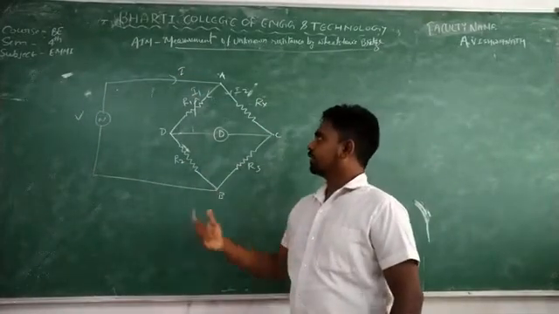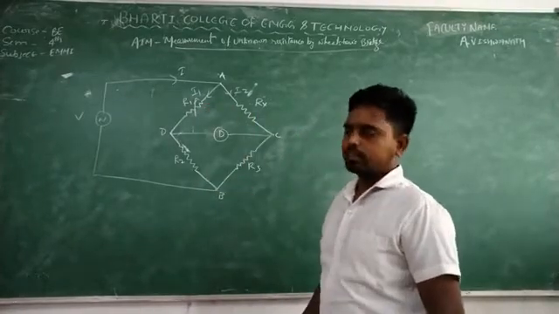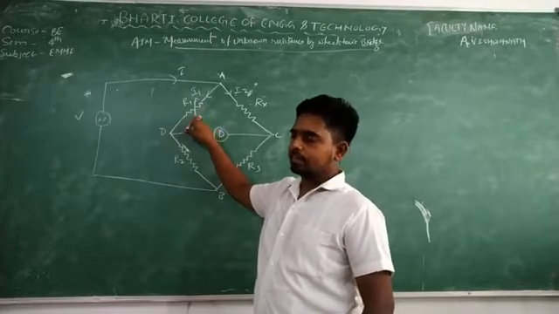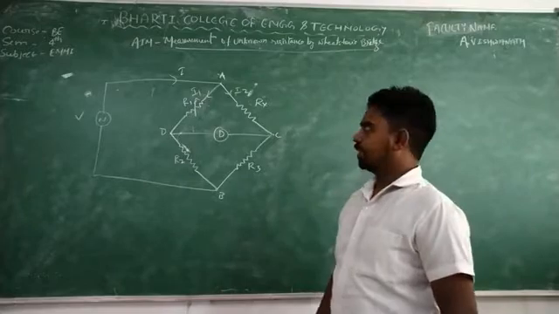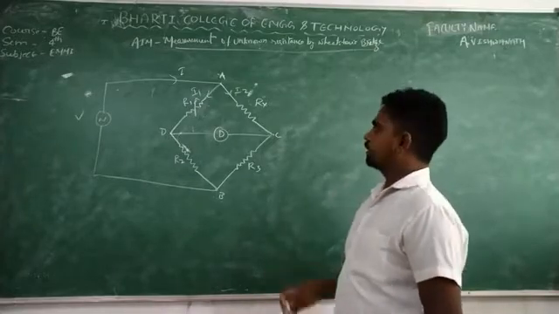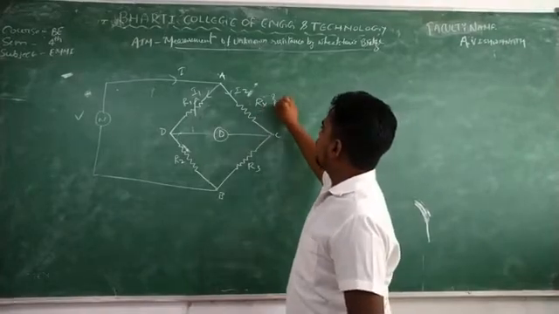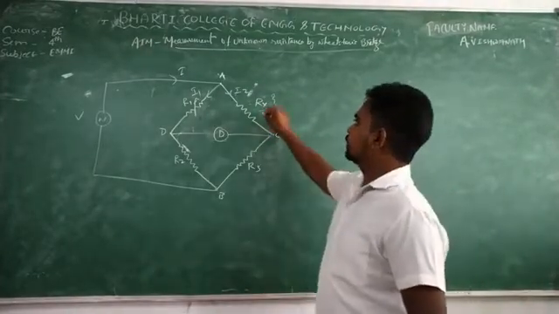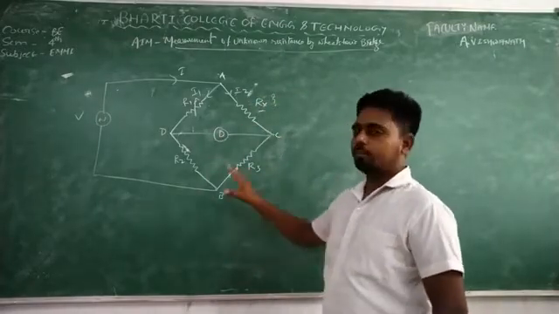Here R1 is the standard resistance. By varying this standard resistance R1 we can find the unknown resistance, and let us see how we proceed with this experiment. Here Rx is the unknown resistance, whose value we have to find, and the current is flowing in all the branches.